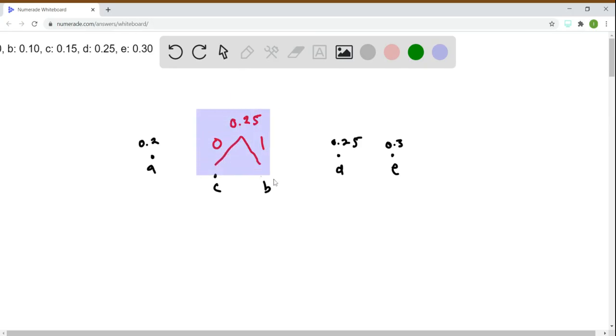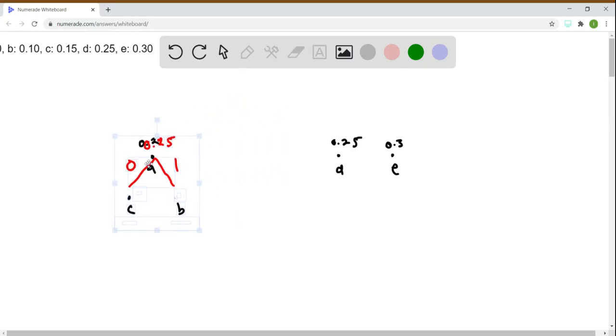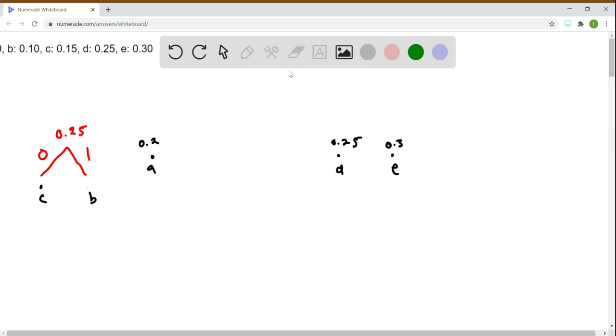So that means we would actually want to move this over here to the left side. And then over here is going to be 0, over here is going to be 1. So then we add those up. That gives us 0.45.